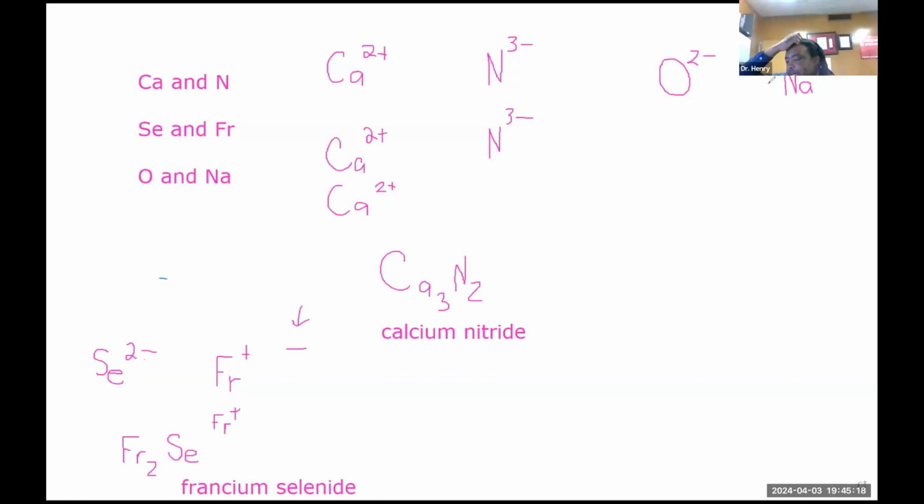So then how many sodiums am I going to need to balance out how many oxygens? Need 2 sodiums. Okay. So my chemical formula should be Na2O. And then the name. Would it be sodium oxide? That's right.